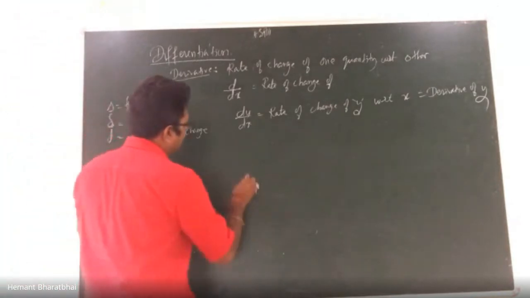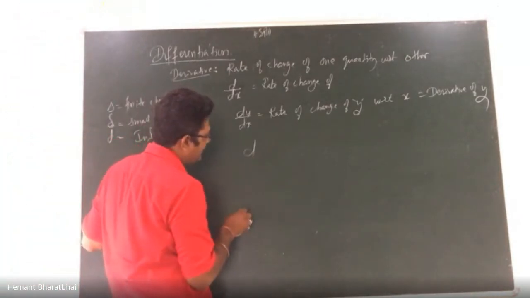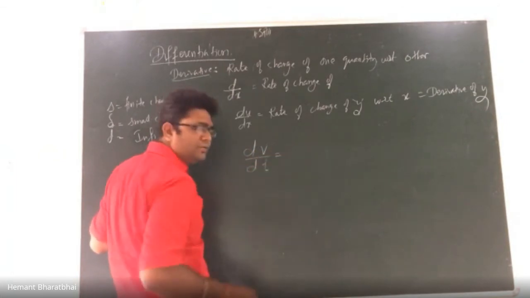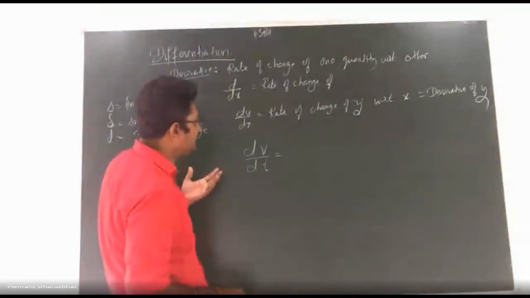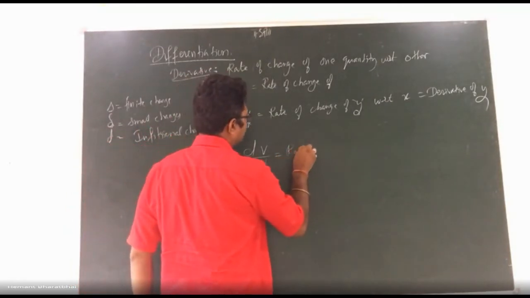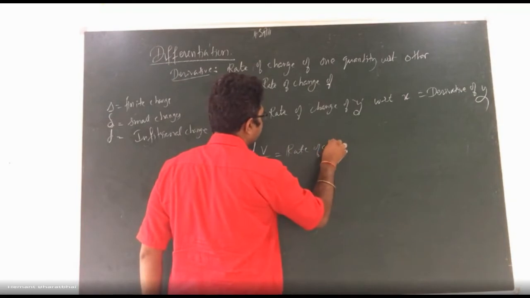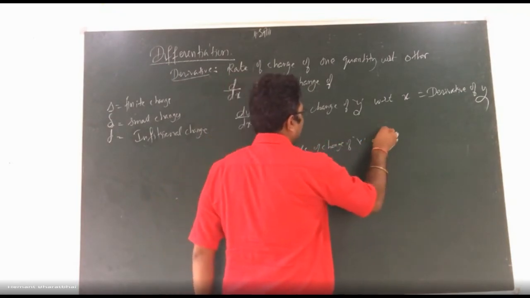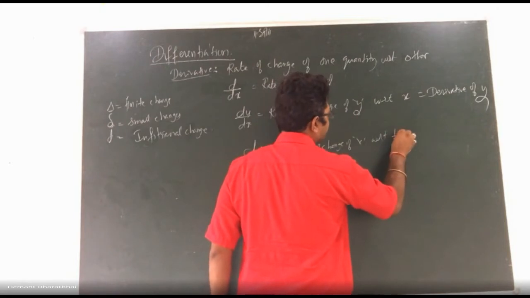Hence, in our physics, when we write dv by dt, where v is velocity, it will be read as rate of change of velocity with respect to time.